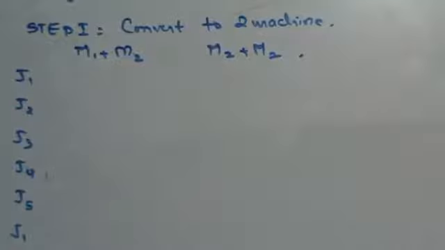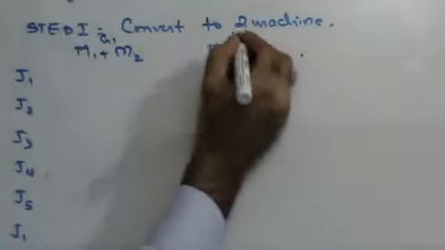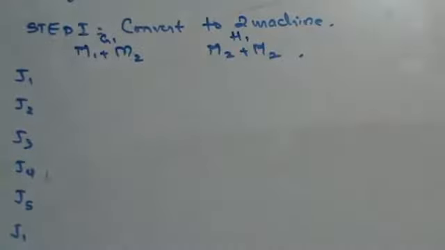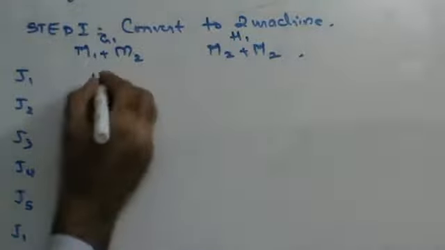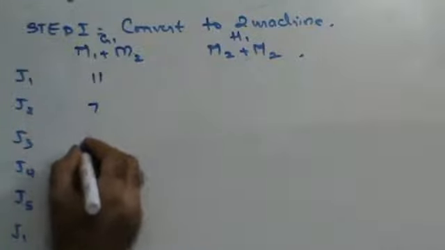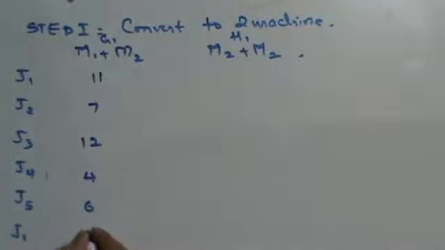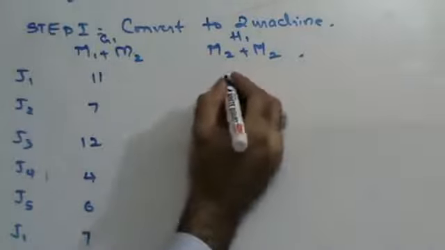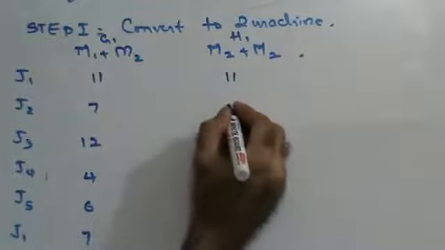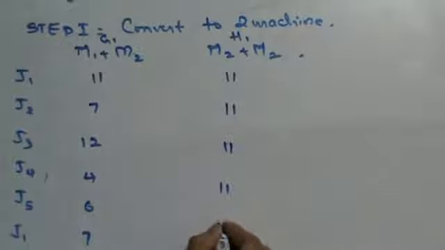Add 2 machines to get a new machine. Let's call this machine G1, and this machine H1. So if I add M1 plus M2, this is 11, 7, 12, 4, 6, 7, and here this is 11, 7, 11, 11, 11, 11, 10, I presume.